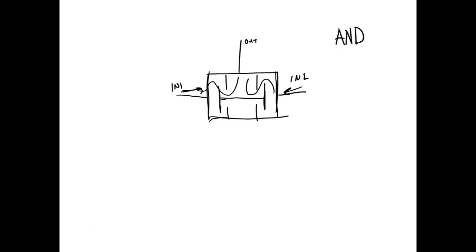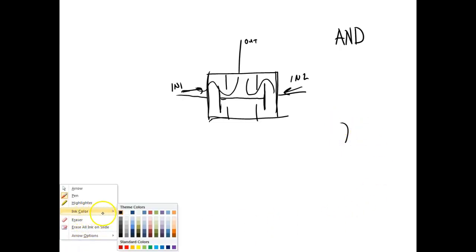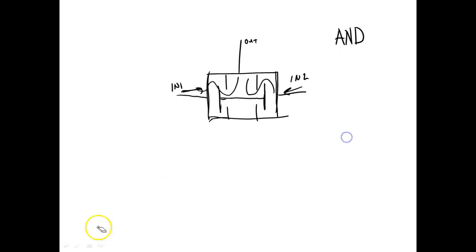Now in logic, we would draw this symbol like this. So it's the shape of a D, and that would be AND. A NAND logic symbol would be like this, and that means the output is inverted.